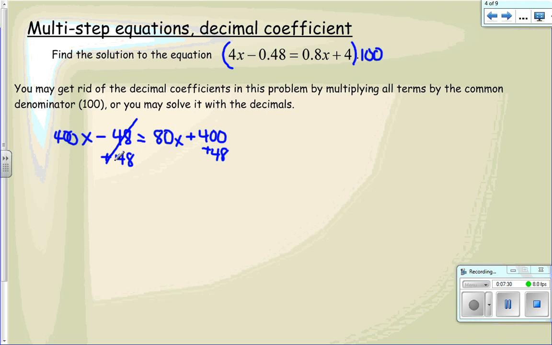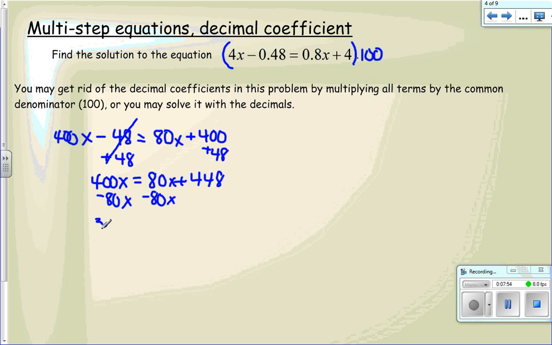So that 48 goes, and I'm left with 400x equals 80x plus 448. Now, since I have my x's on this side and my constants on this side, I'm going to move this x over to the other by subtracting it.